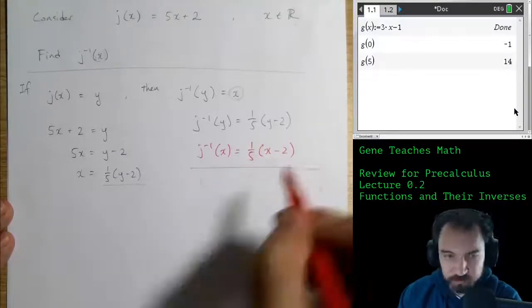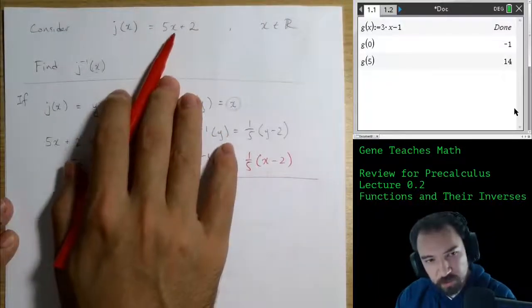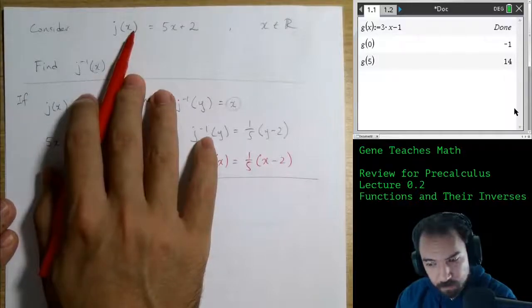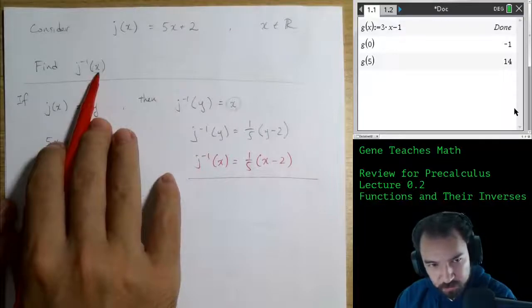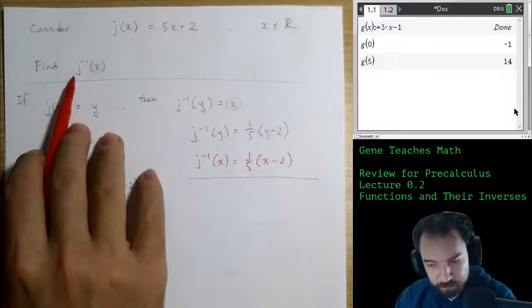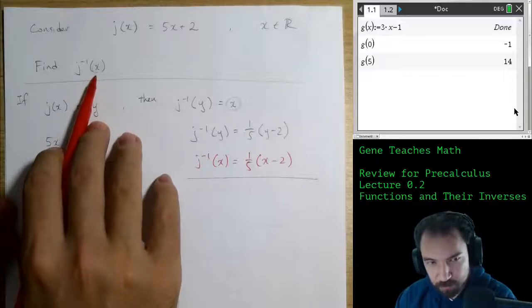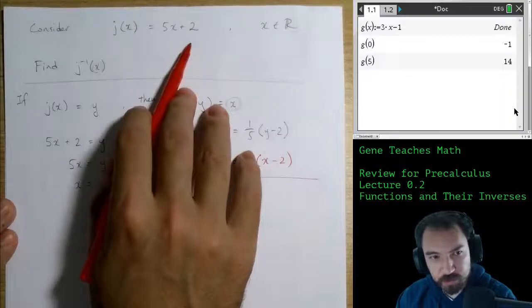The only sort of annoying part to the student, perhaps, is that we already used the variable x up here to indicate the input of j. But when we talk about the inverse and we put the x in here, certainly, the inverse, as long as it's a function, can take an input with a variable x. But that x, when we're working backwards, is whatever the output was when I used the original function.